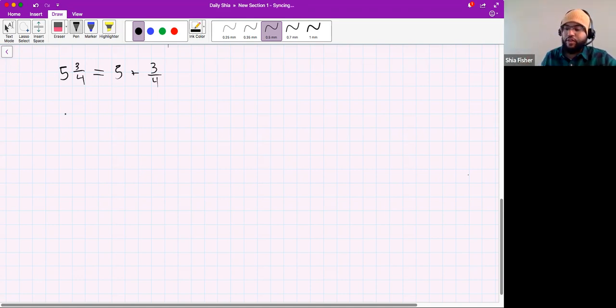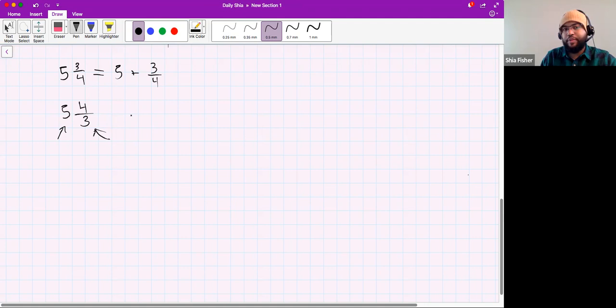They're testing you on your ability to use the rules that they are teaching you. So if I say, hey, tell me if this is a mixed number or not, you'll say, well, it kind of looks like a mixed number, but I remember from my definitions that a mixed number is a natural number followed by a proper fraction.